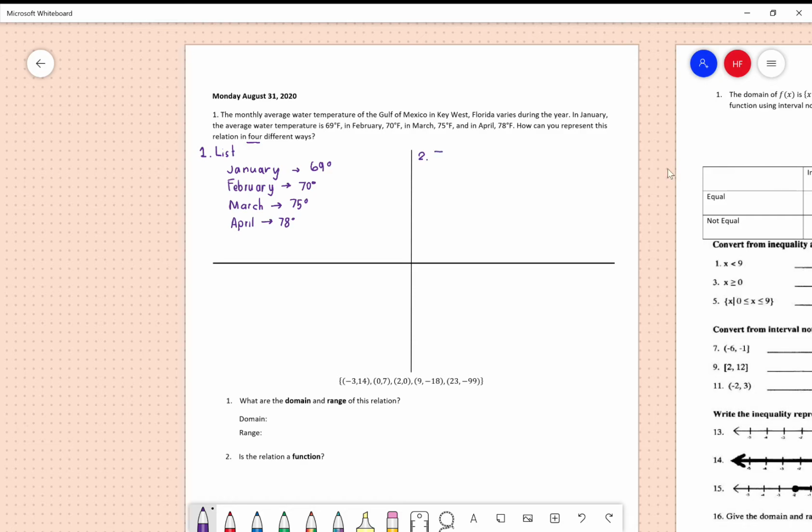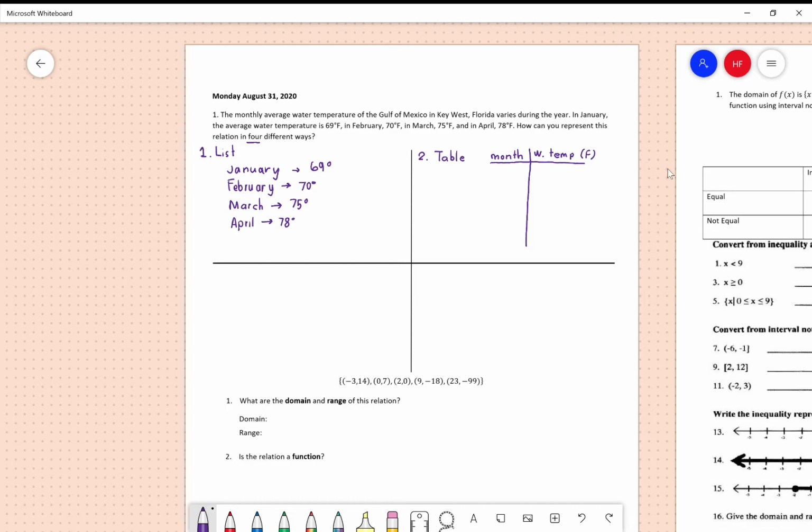Another way is to make a table. So we know that when we make a table, we've got an x and a y, so an input and an output. Our input is the month, and then our output, the y, is the water temperature in Fahrenheit.